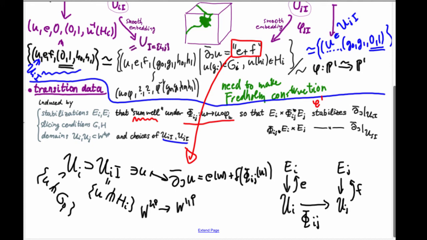Right. The problem is, this E and F can be as smooth as they want. If I compose them with a not differentiable map, it's not so clear how differentiable that's going to be. Now let me not try to write this down.